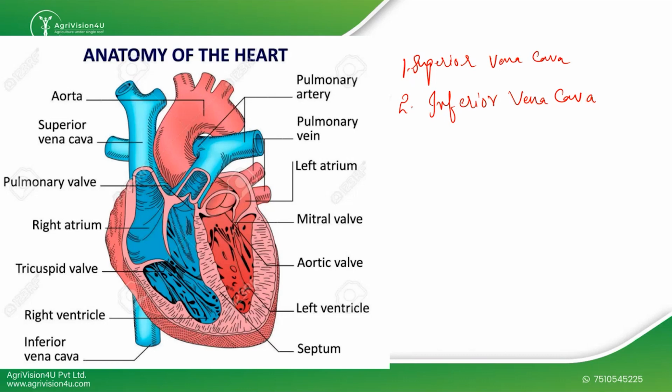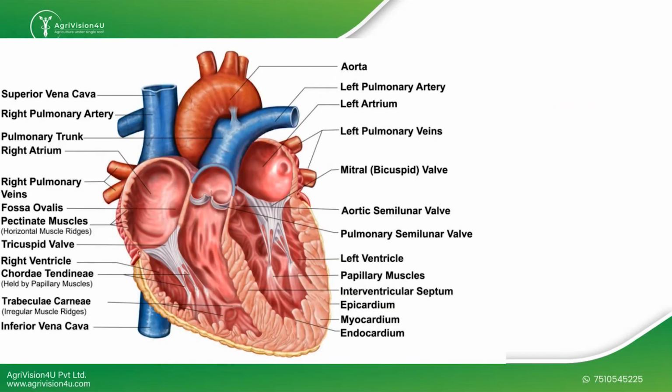For a clearer understanding, you can refer to this picture. Here you have all these walls, the bicuspid and the tricuspid valve. Their roles we have already discussed, and we are going to discuss them again in the upcoming crash course. Then we have the septa of the heart.